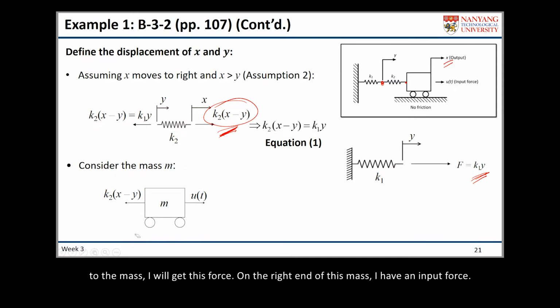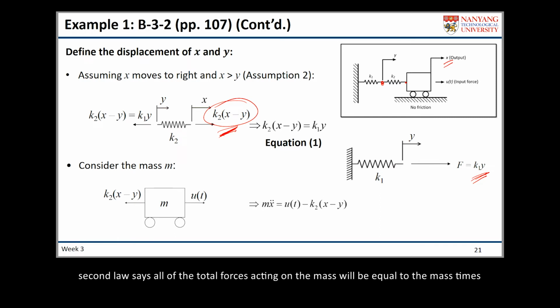On the right end of this mass, I have an input force. I have an applied force of u(t). So I have already put all of the forces acting on the mass m there. And then we can apply Newton's second law. Newton's second law says all of the total forces acting on the mass will be equal to the mass times the acceleration.